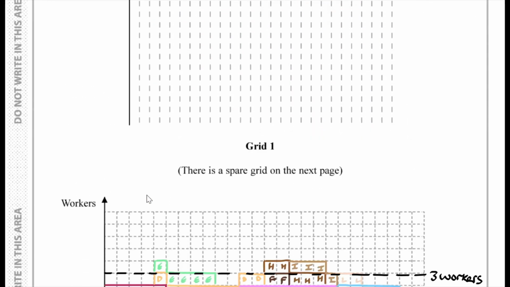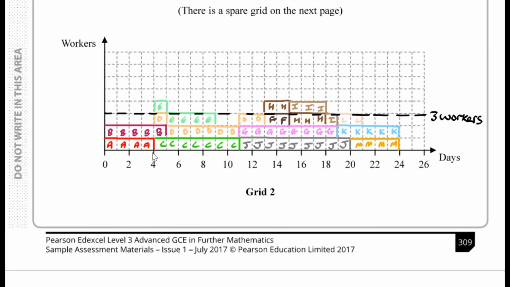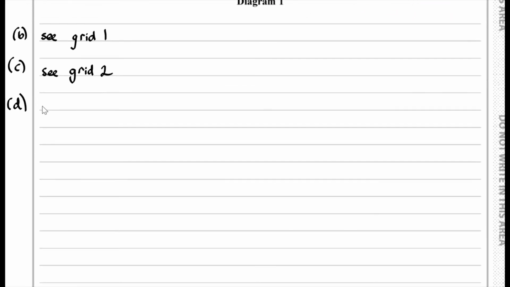Because A and C are critical, essentially, if we consider activity A, until day 4, only A and B can happen. So let's just write that down. Until day 4, only A and B can happen.